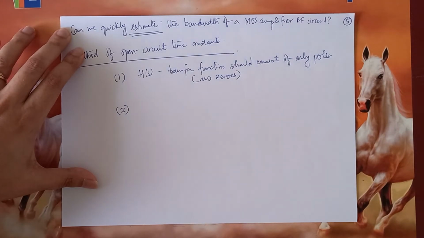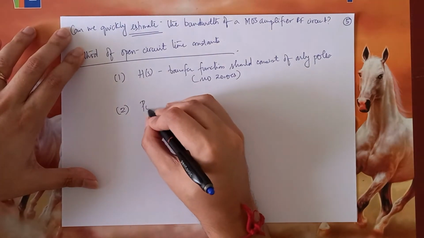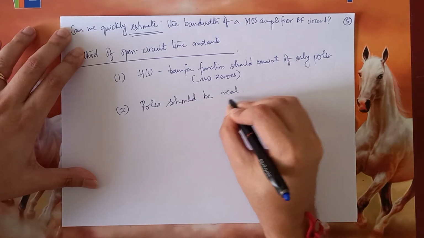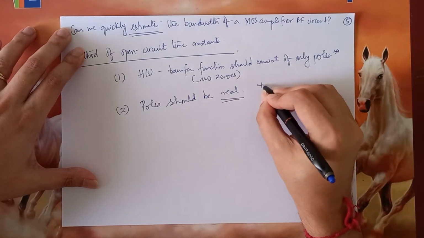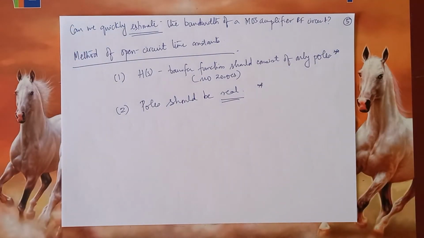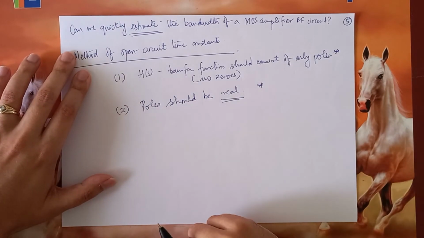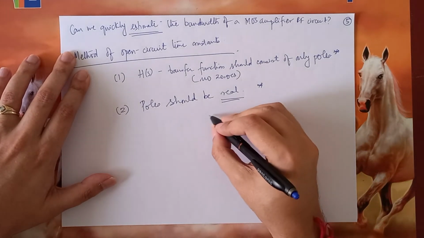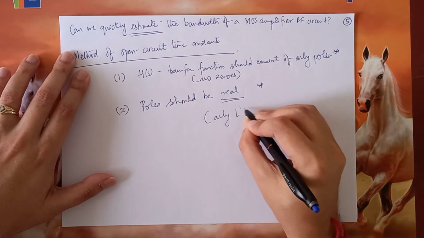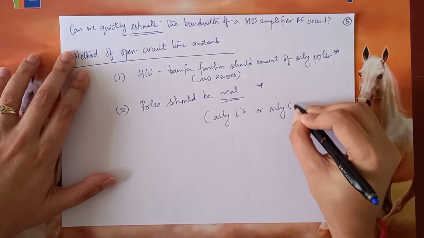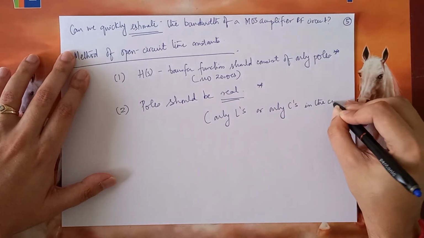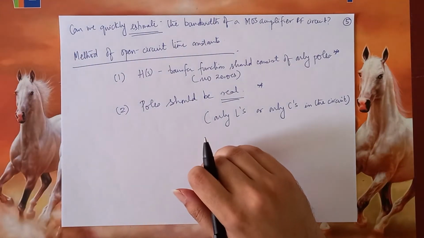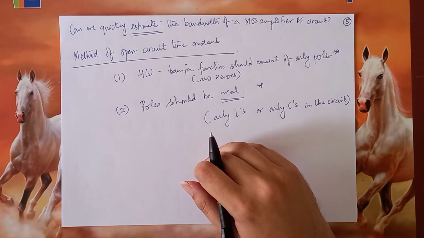The second criterion is that the poles should be real. These two are extremely important criteria. For the poles to be real, you will need to have only inductors or only capacitors in the circuit, but not both. Otherwise, you will get a second order term and the root of that will be a complex root.